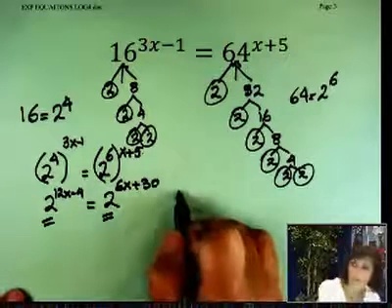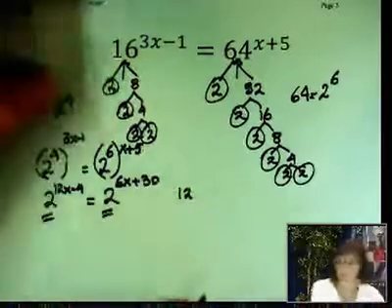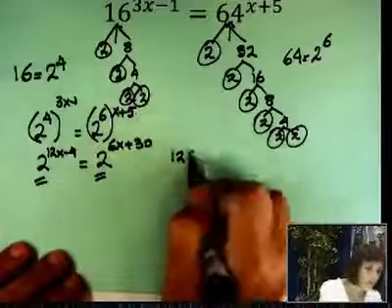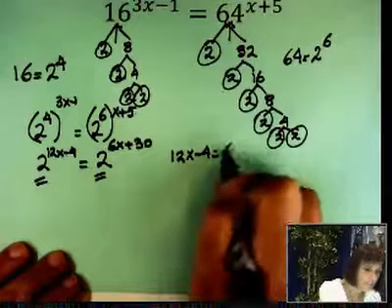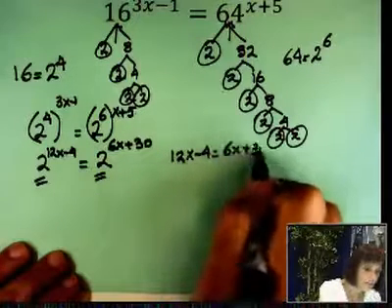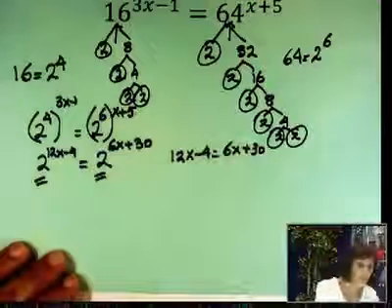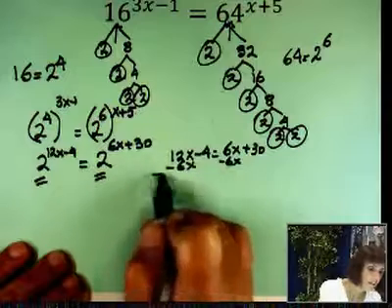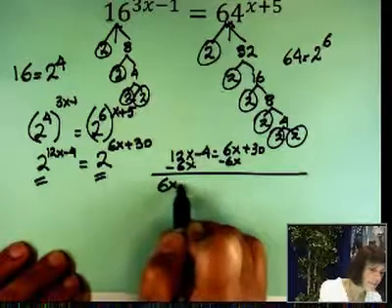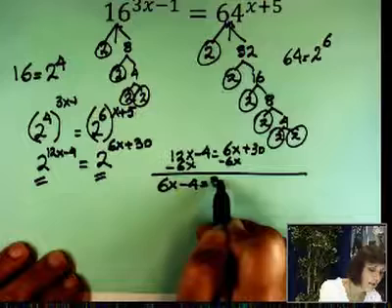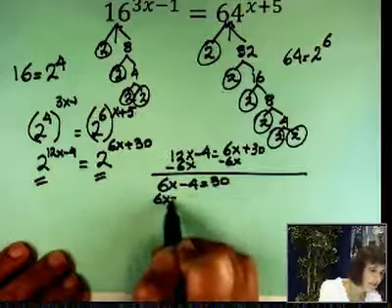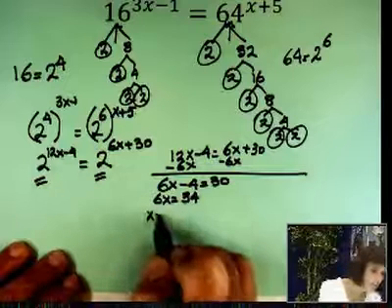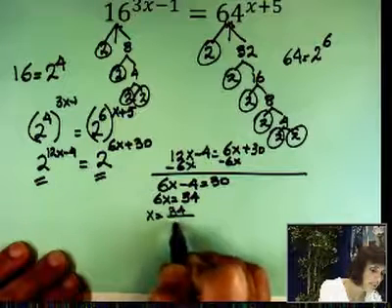So let's write down the equation. 12x minus 4 is 6x plus 30. Now let's subtract 6x. You have 6x minus 4 equals 30. 6x equals 34. And x equals 34 over 6.